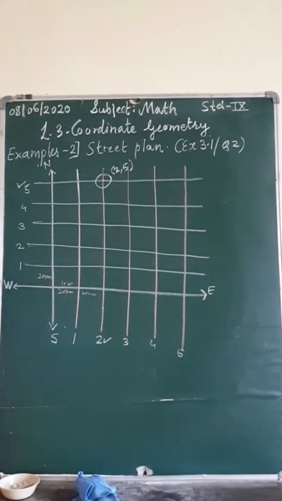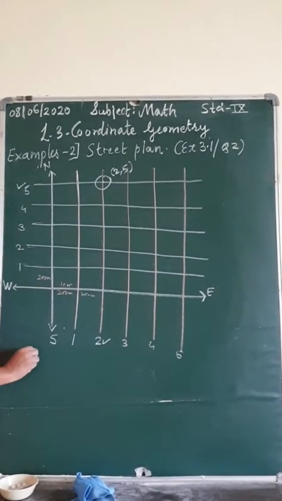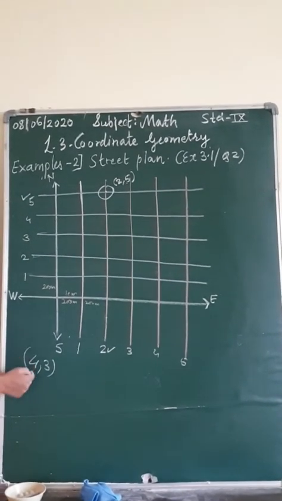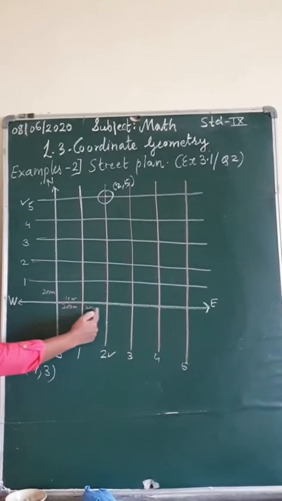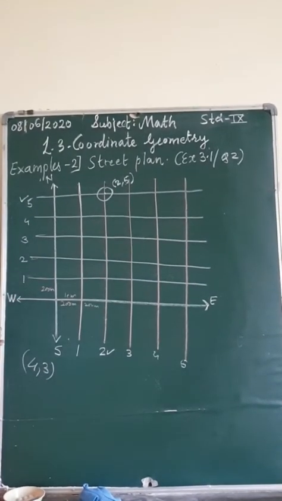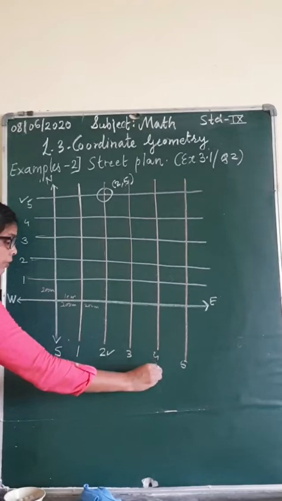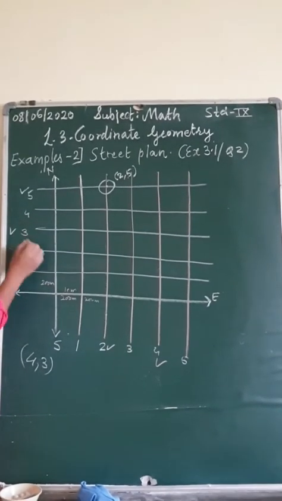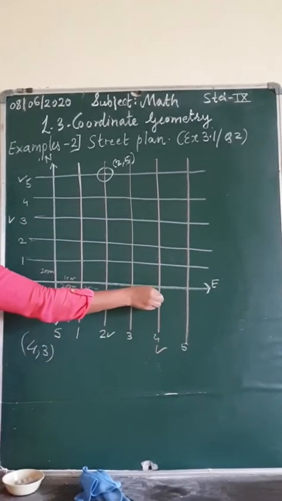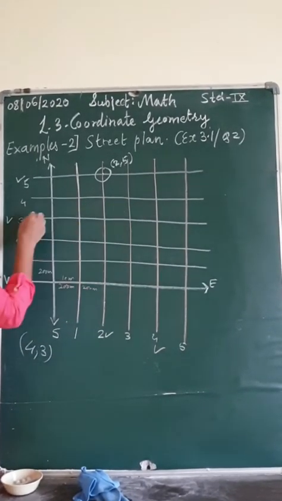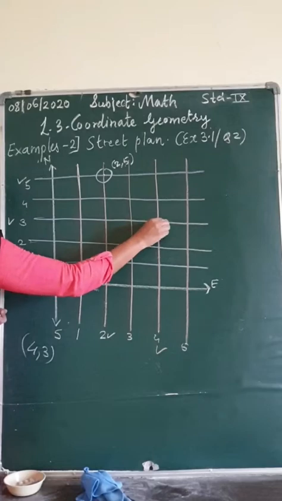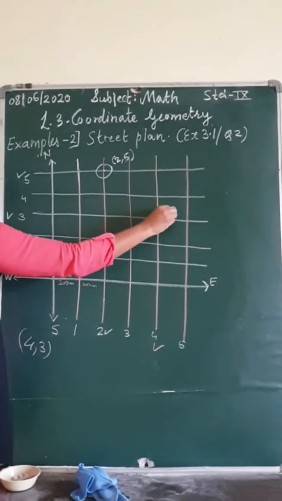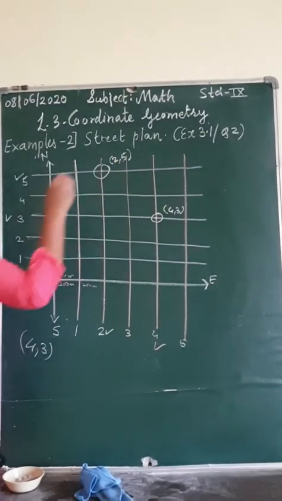So 4, 3. Which is that street? You know, for 4 we first see horizontal. So where they meet, if you move along the 4th and here, this is the meeting point, and this is denoted as 4, 3.